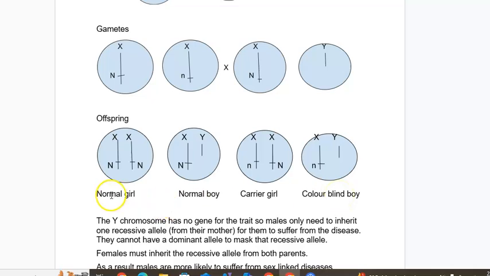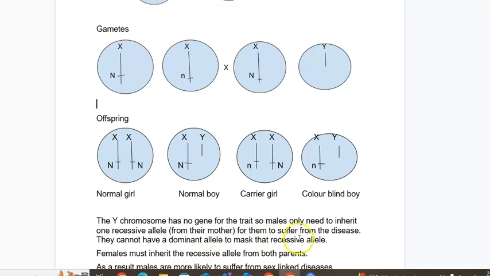The girls are either normal, homozygous dominant, or they are carriers. But as I mentioned earlier, if a boy has the recessive allele, he will suffer from the condition because he cannot have a dominant allele to mask that.